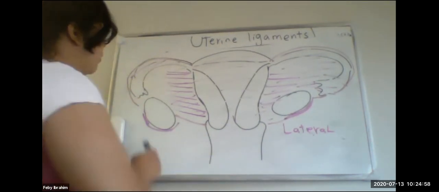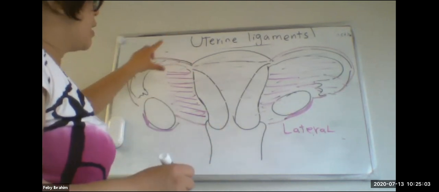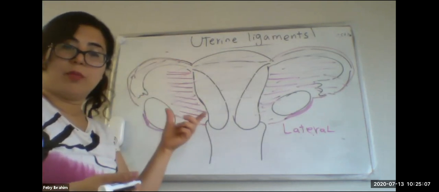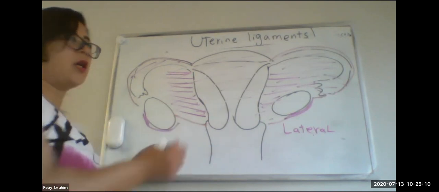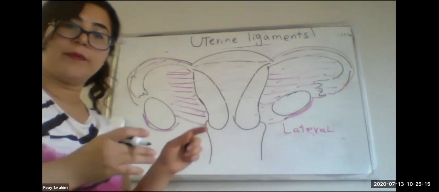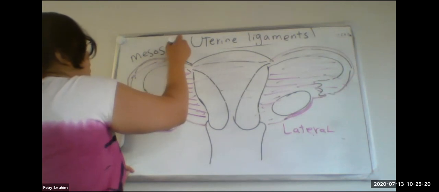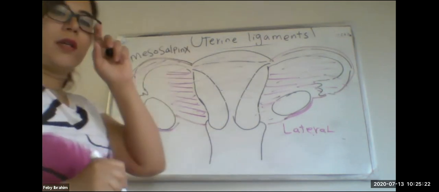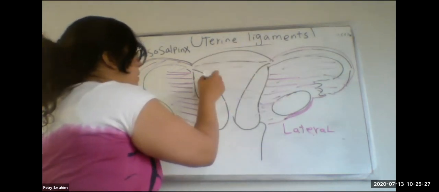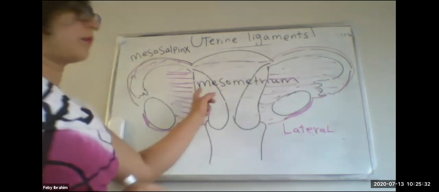I'm gonna write down more information about that. Look here, guys. The fold of peritoneum, which is the portion of the broad ligament that encloses the fallopian tube, is called mesosalpinx. The portion that encloses the uterus is called mesometrium.